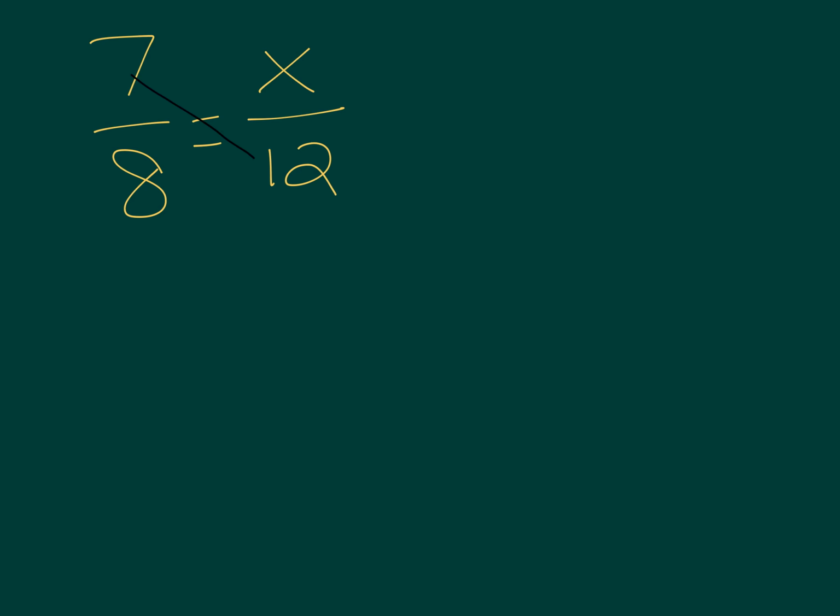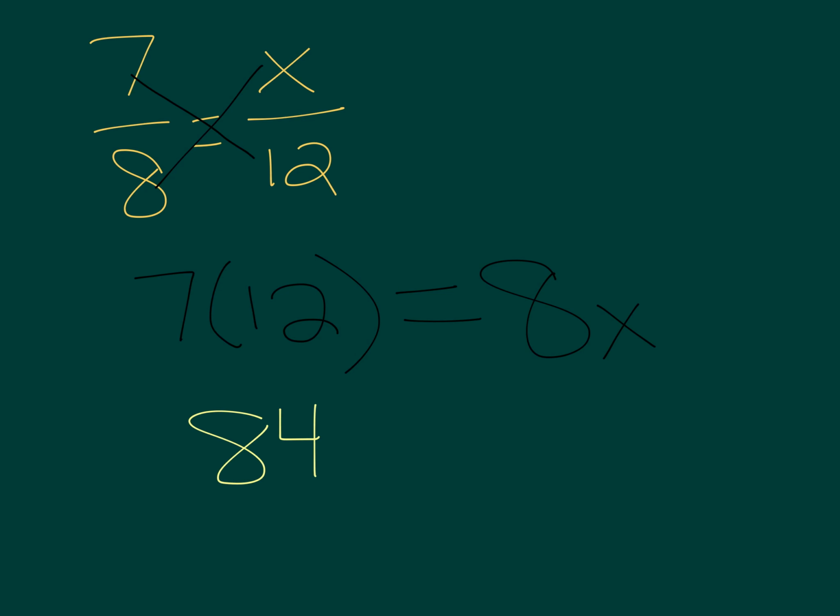So I'm going to take 7 and multiply it by 12, but I keep the equal sign, and then I'm going to take 8 and multiply it by x. 7 times 12 gives me 84, and that would equal 8 times x.